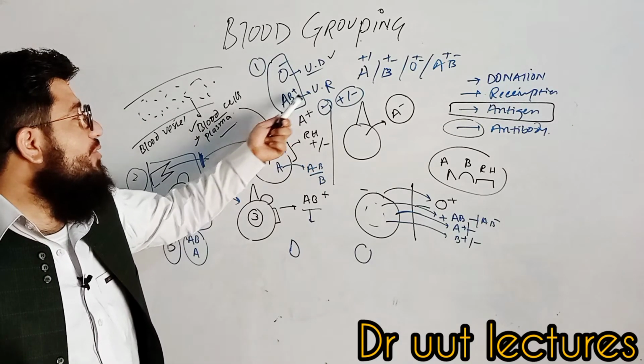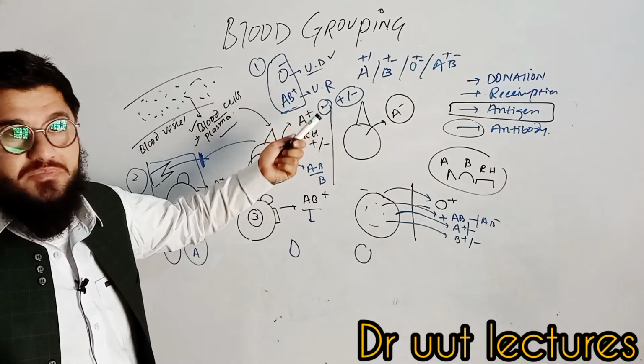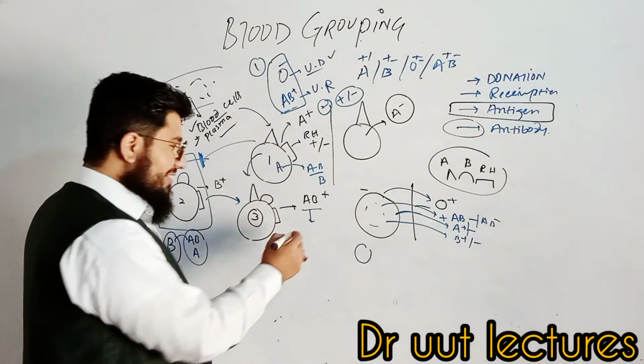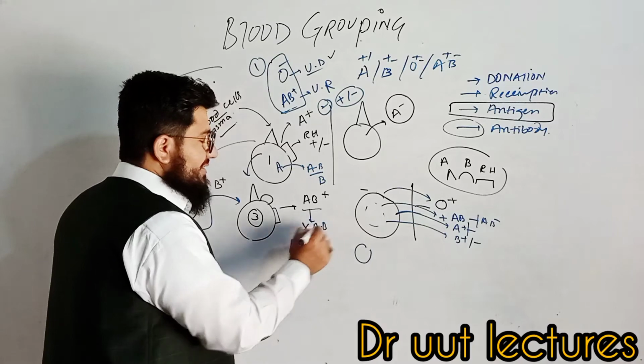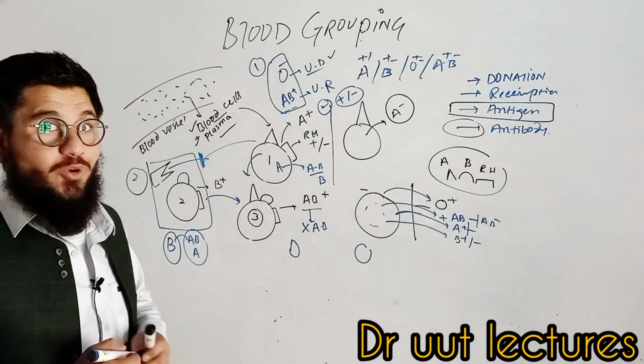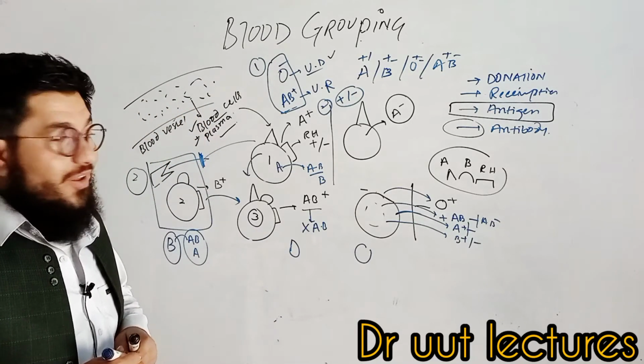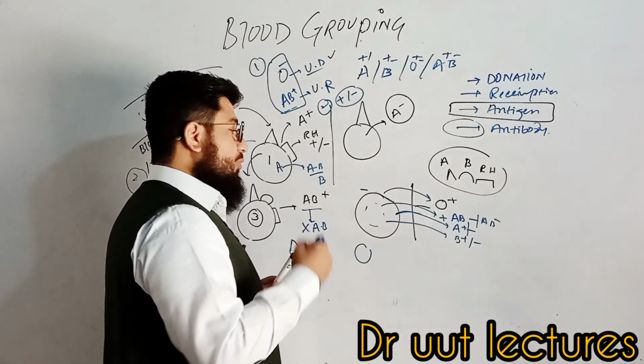Remember, boys and girls, if you have AB, you can receive from anyone. You don't have antibodies. Simple. And what about the O? Here we have no antigen.